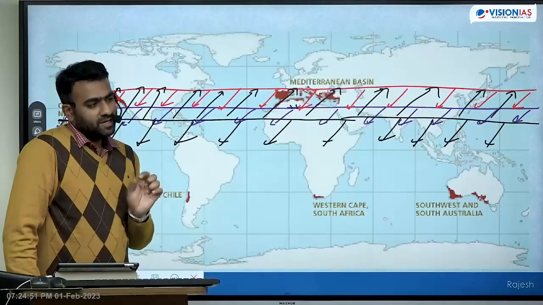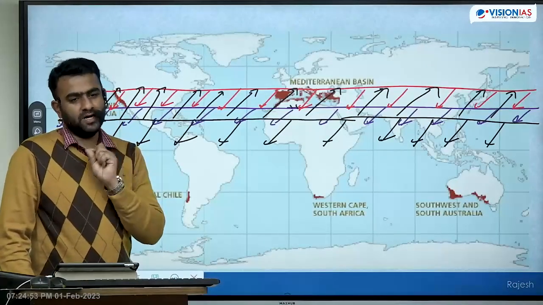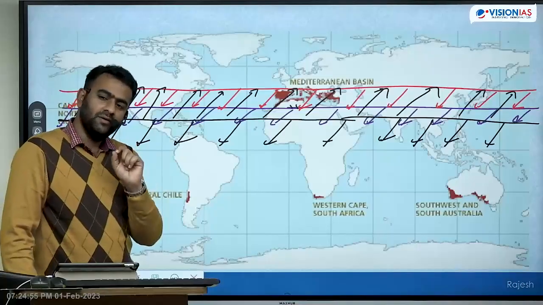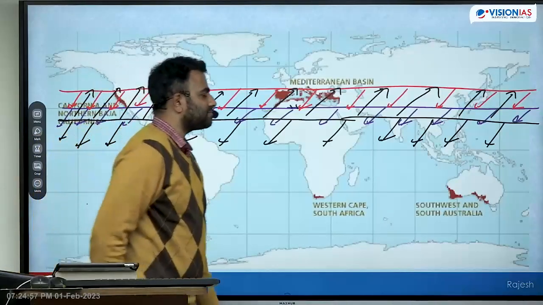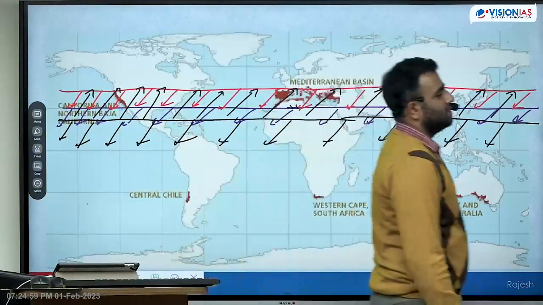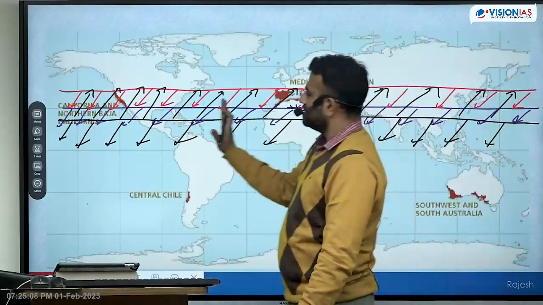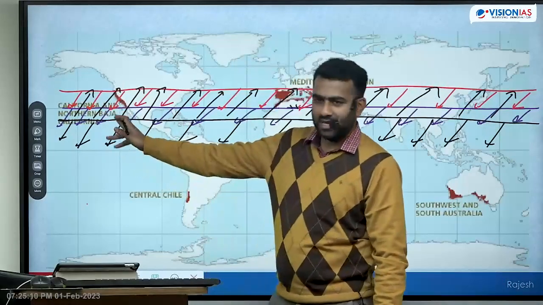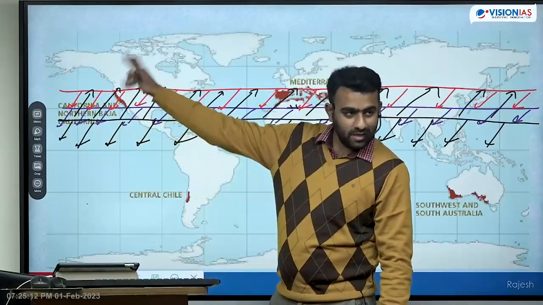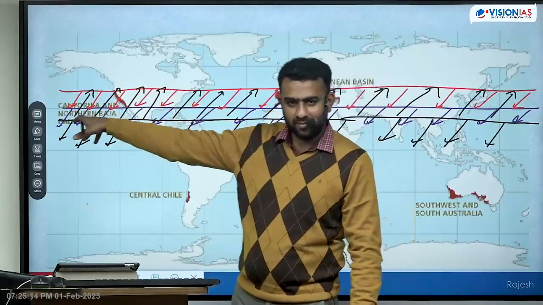Mediterranean type of climate, summer dry, wet winter. So Mediterranean type of climate doesn't mean only Mediterranean region. In the same warm temperate zone towards the western margin, we have California. Here also Mediterranean type of climate.